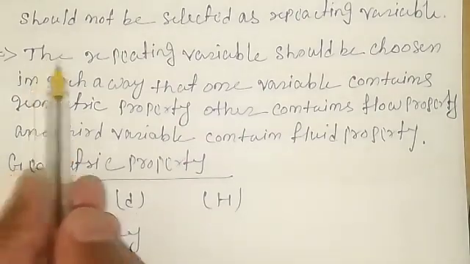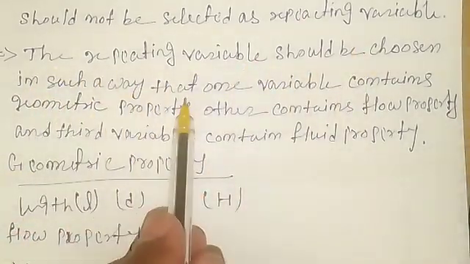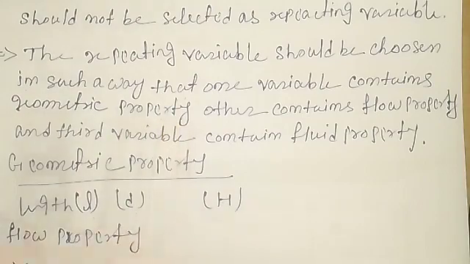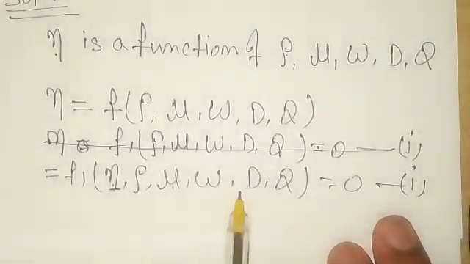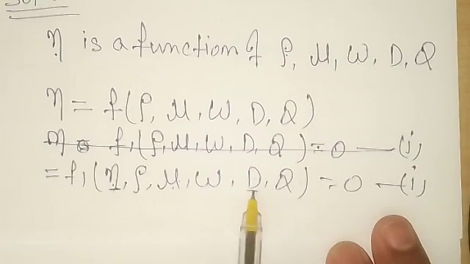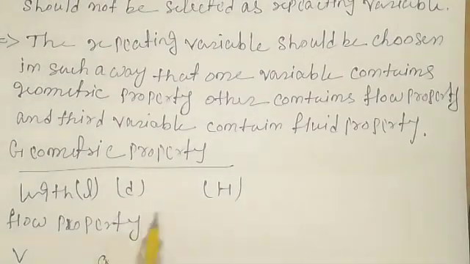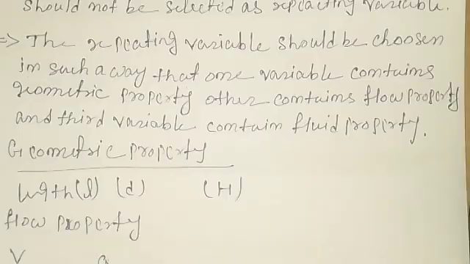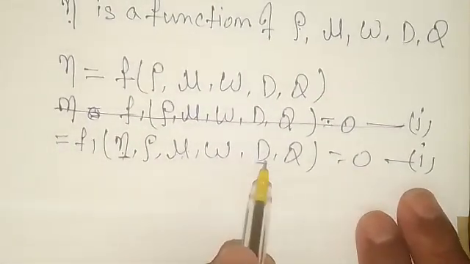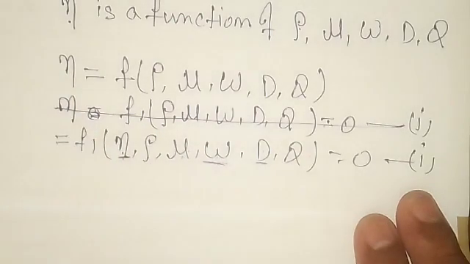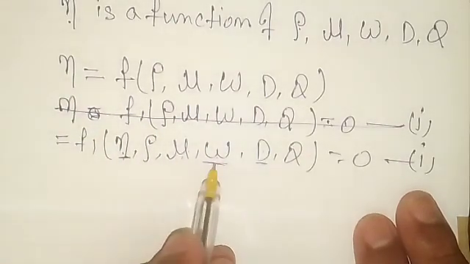Again, for the repeating variables, we will see the second statement: the repeating variables should be chosen in such a way that one variable contains geometric properties, right? Geometric properties means diameter. So this I have selected as a repeating variable, right? The second one contains flow properties, meaning acceleration, velocity and all those things, right? Here the flow property is angular velocity, which comes under velocities, so we have selected angular velocity as the second repeating variable.